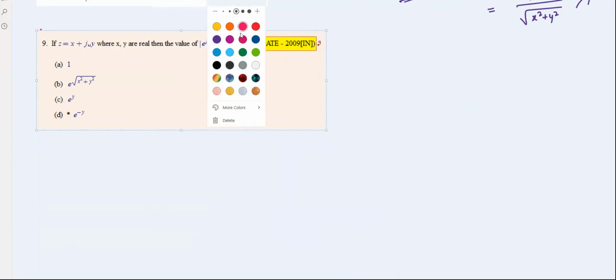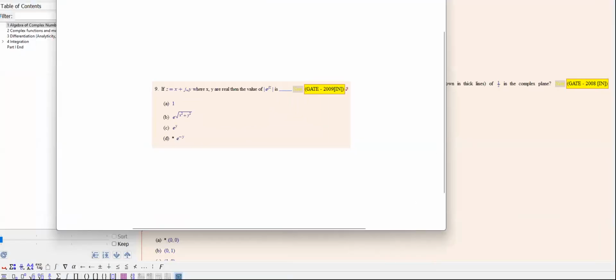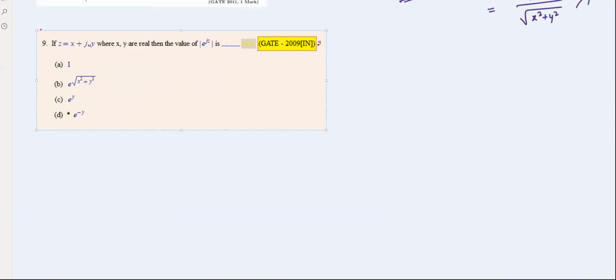So modulus of e power iz. I'll write this as e power i(x plus iy). So I get e power minus y times e power ix, modulus.